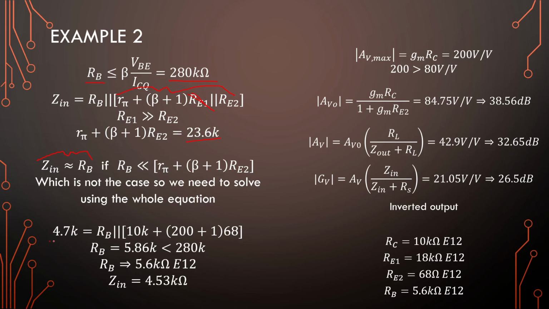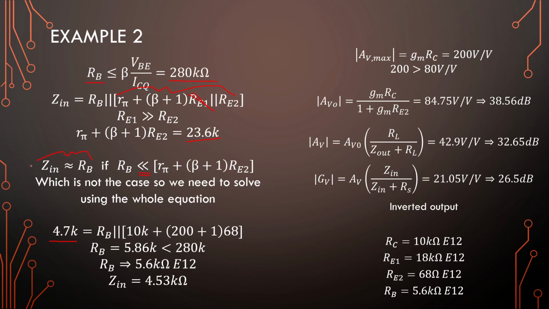But we need to design for 4.7 kilo ohms, and this value is not much greater than 4.7 kilo ohms. This is about 4 times, and I would like to see at least a 10 times difference before we can call it much greater. So if this was 47 kilo ohms, I would be happy using this approximation right here.